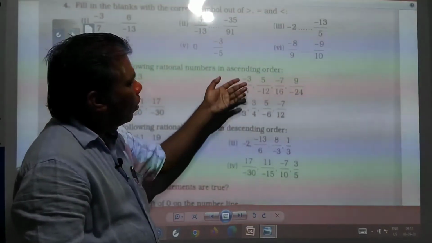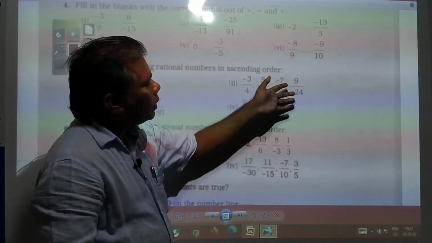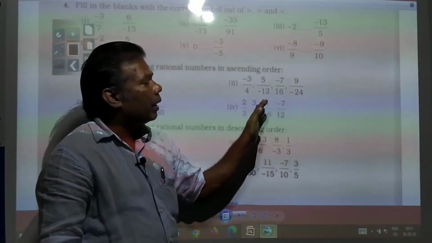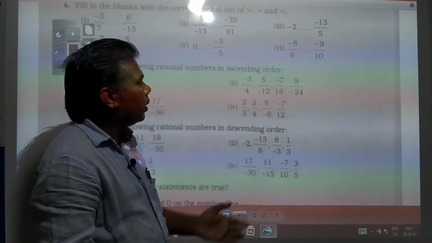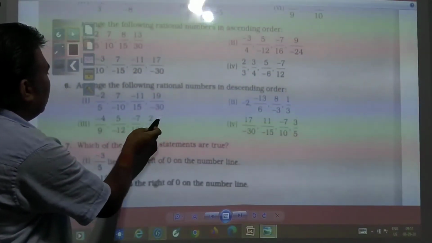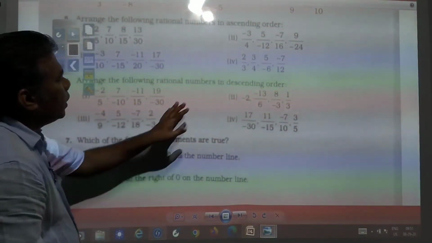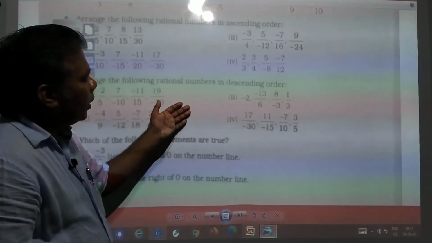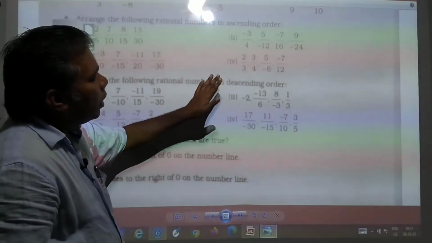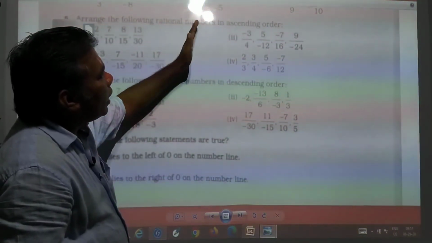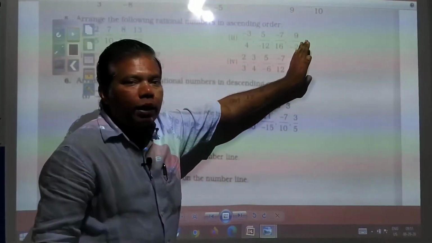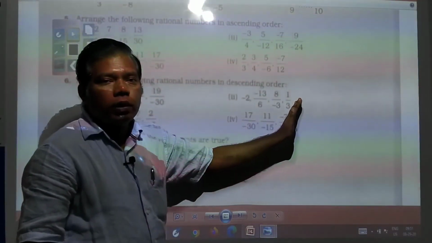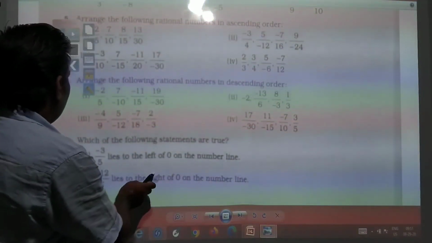Then you convert all the rational numbers into the same denominator, the LCM you have. Then for the question to arrange the following rational numbers in descending order, the same thing is required to be done. Here we had to start with smallest to greatest; here you need to do greatest to smallest. That will be in descending order.